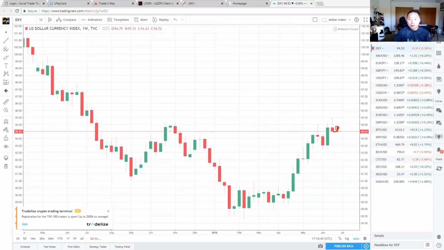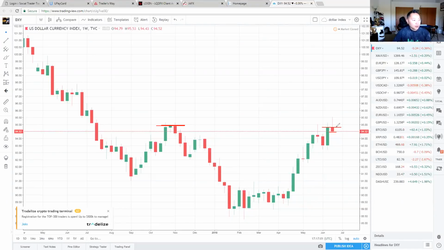Now we know that since this new weekly candle closed like this going down, we can see that this resistance is not up to this resistance. So it's lower than the previous high.